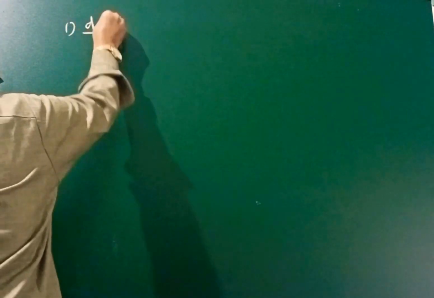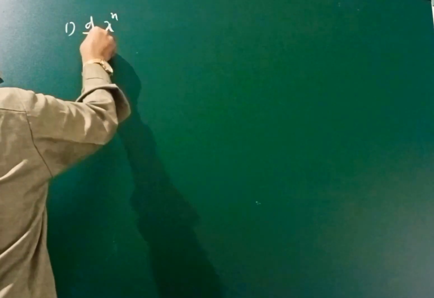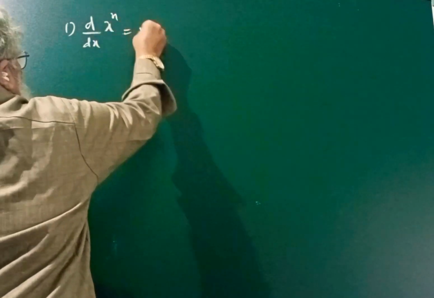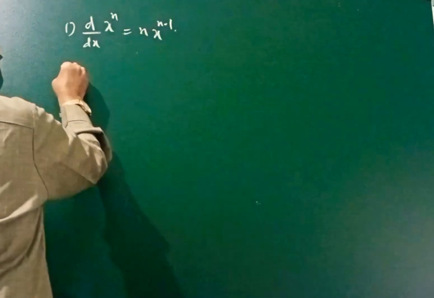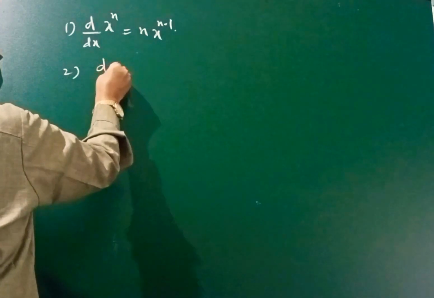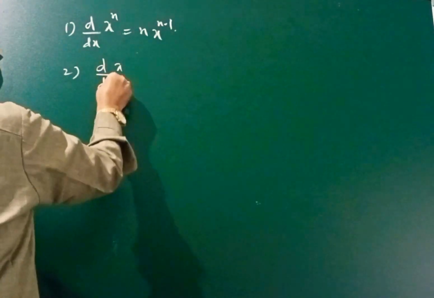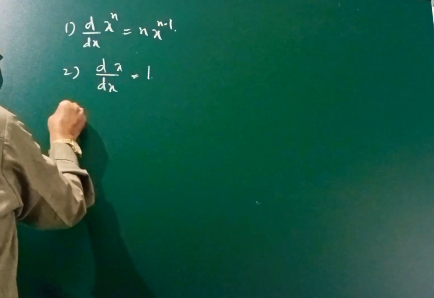Having discussed the rules, let us write down the list of formulas of derivatives which we studied in the first year. First, differentiation of x raised to n with respect to x, d by dx of x raised to n, is given by n x raised to n minus 1. This is the general formula. Second, differentiation of x with respect to x is 1.